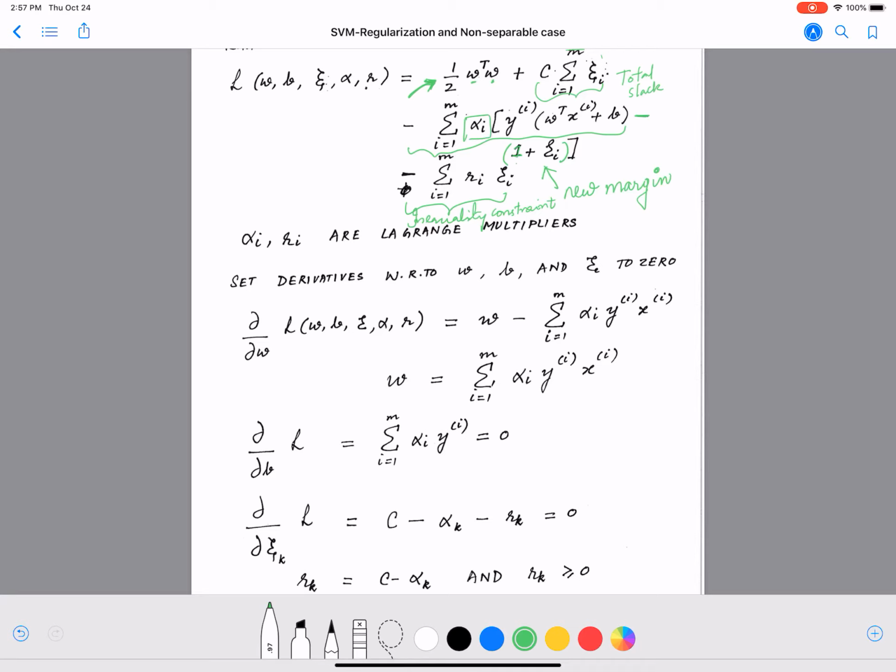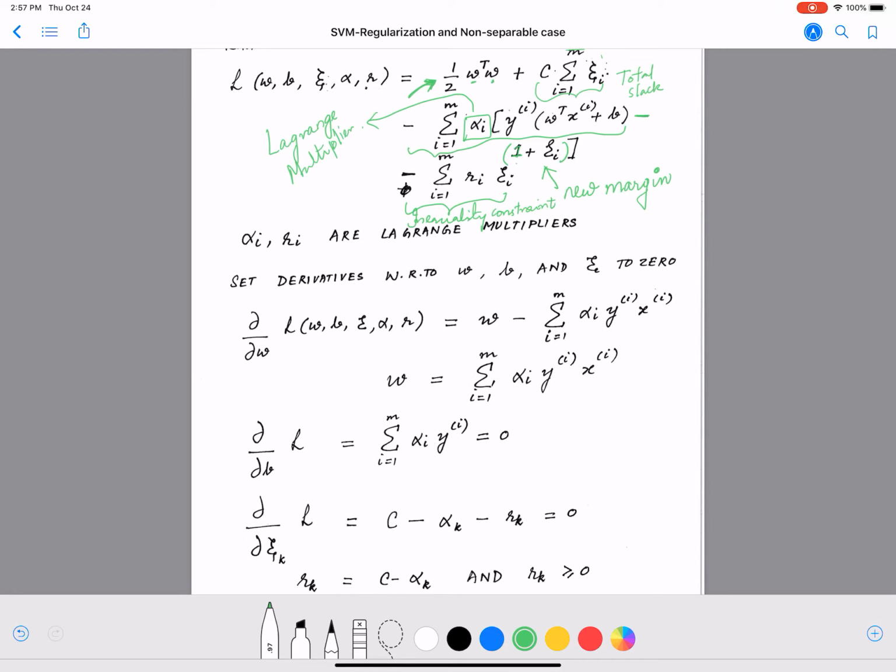We have alpha I, which is our Lagrange multiplier for the inequality constraint. So remember, the inequality constraint had no slack variable, but now we have a new margin.